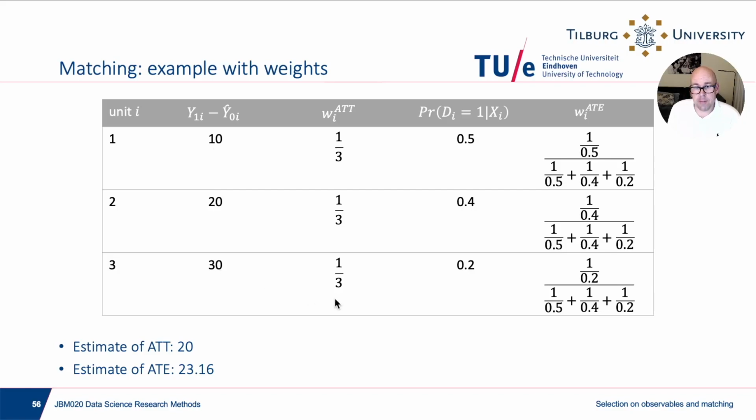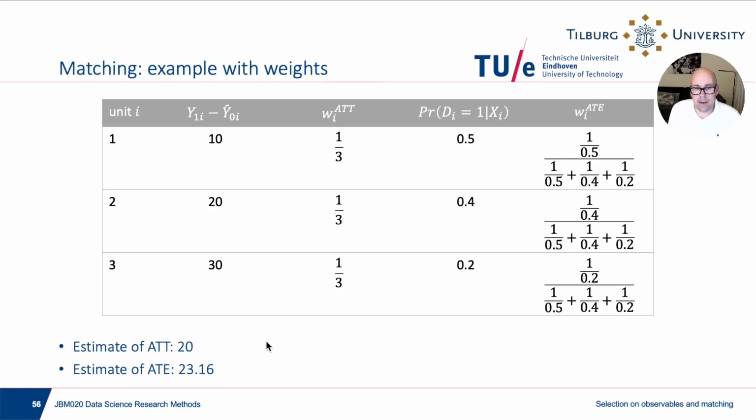And for the average treatment effect on the treated, I said that I would use equal weights for these estimated treatment effects. So it's just really the average between 10, 20, and 30 that I'm taking here. And of course, that will be 20, as we see here below.